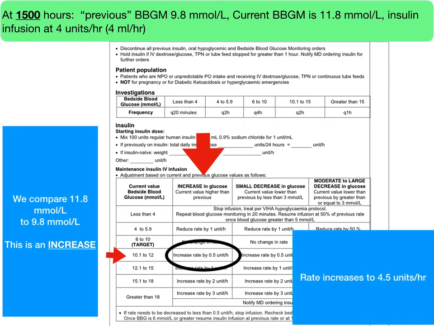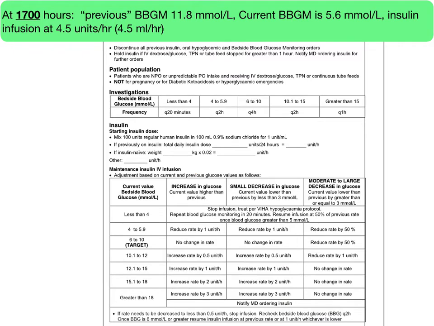In this case, the rate will increase to 4.5 units per hour. Because the current BGM is 11.8, we also recognize that we're going to have to check the blood glucose again in 2 hours.